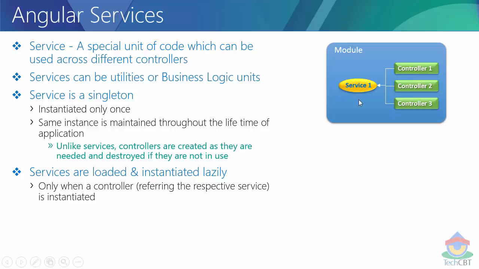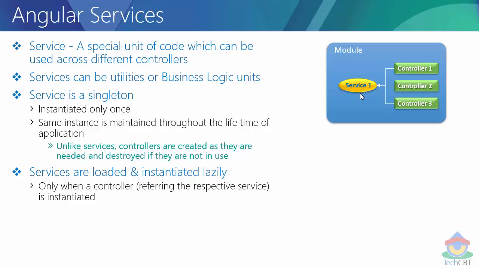But services are not quite related to any of those controllers, and that is the reason services are not instantiated by default. But whenever a controller refers to a service and that controller is in use, which means the controller is getting instantiated, immediately the service gets instantiated if it was not instantiated earlier.